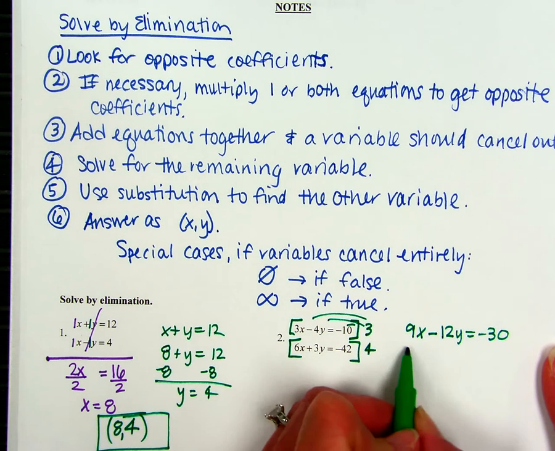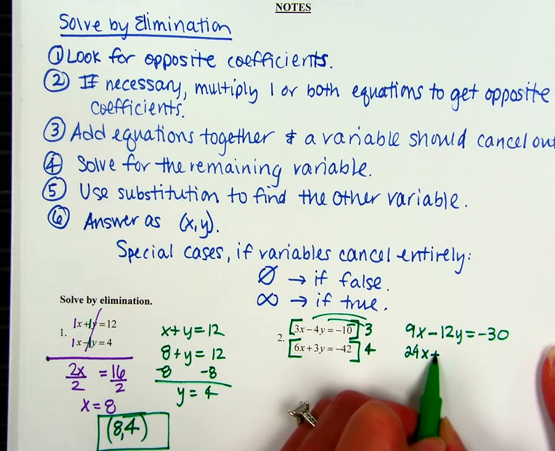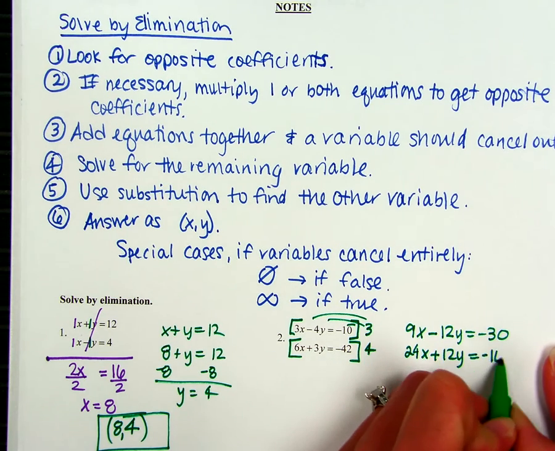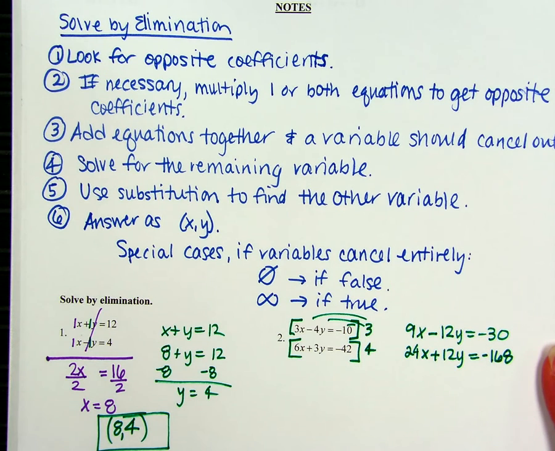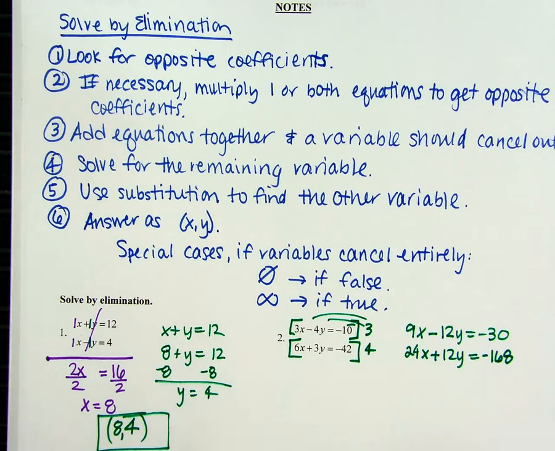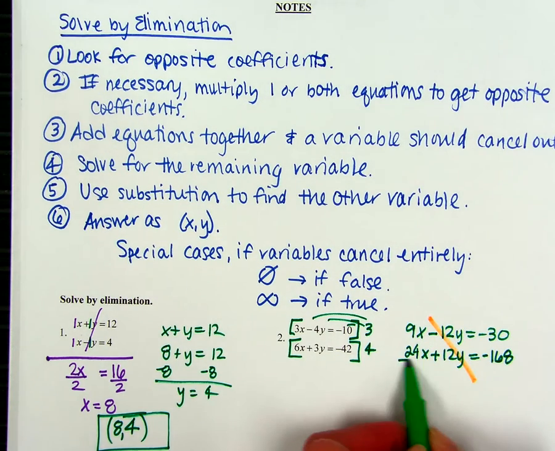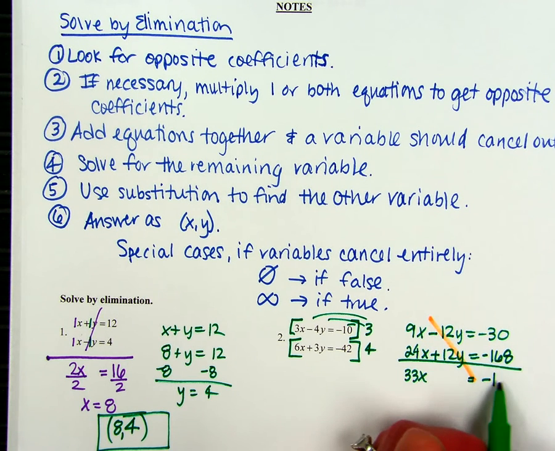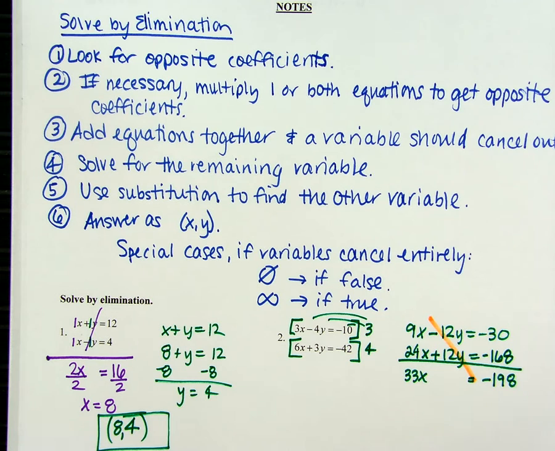In the bottom equation, we have 24x plus 12y equals negative 168. All right, so if you notice now my opposite coefficients are the positive 12 and negative 12. All right, so now I'm going to add together. I get 33x equals negative 198.